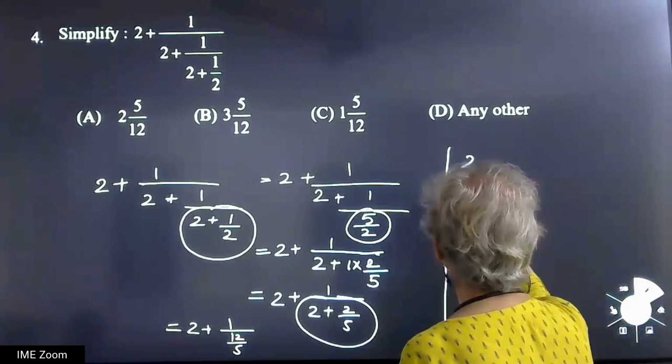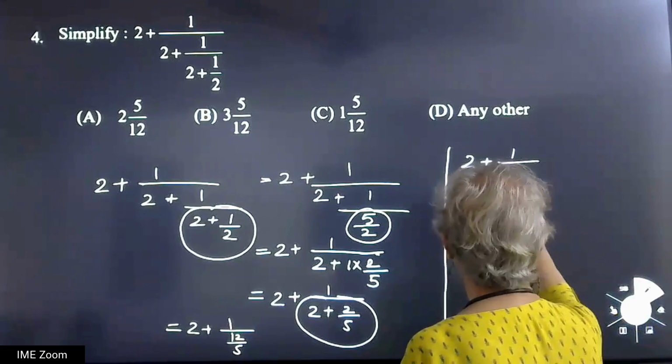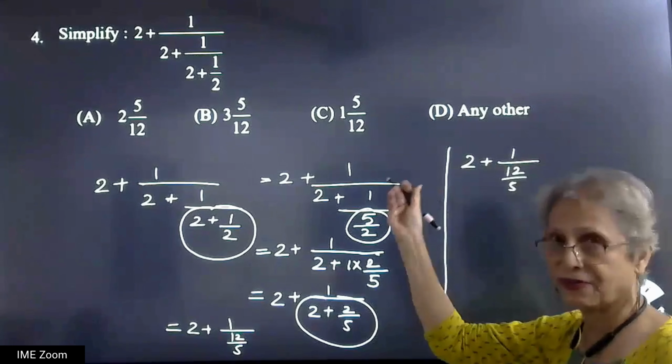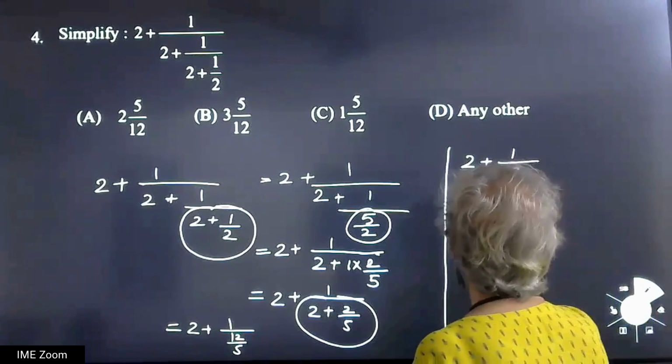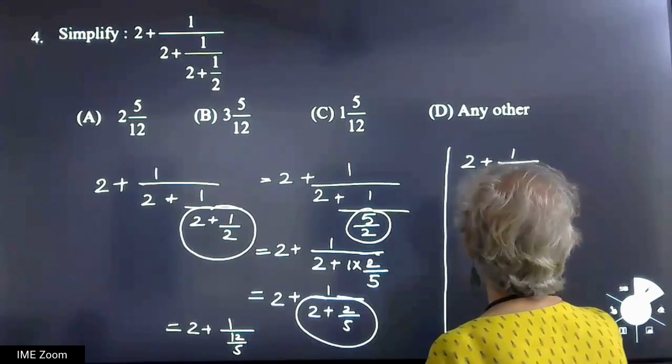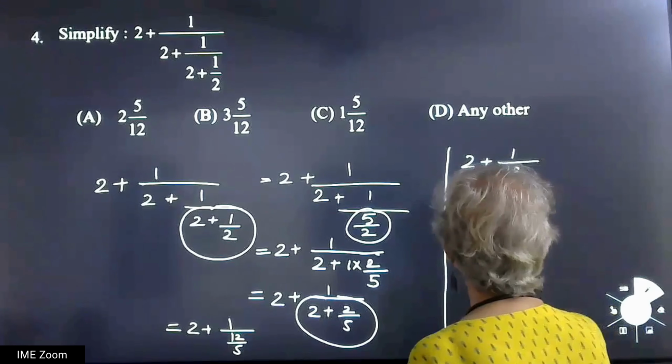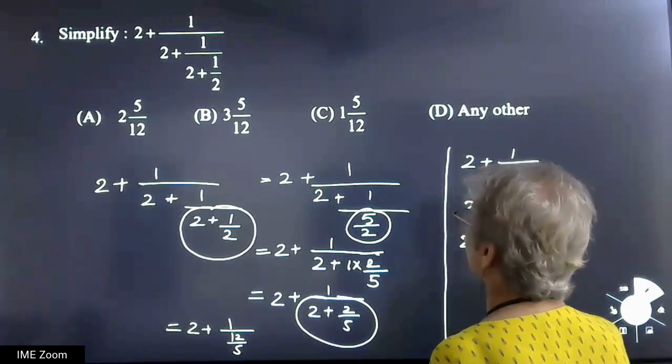Yes. So now 2 plus 1 upon 12 upon 5. Again, division by a fraction is multiplied by its reciprocal. So it becomes 1 into 5 upon 12. And therefore it is 2 plus 5 upon 12.